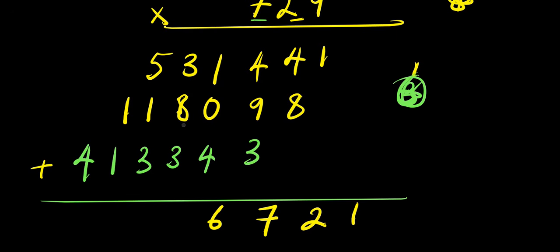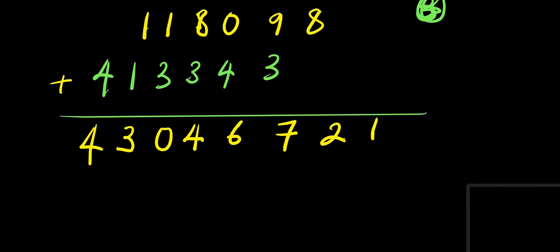This will be 3 plus 3, 6 plus 8, that is 14. 4 carry over 1 add here. 6 plus 1, 7. This is 10. 0 carry over 1 add here. 3, then you have 4.